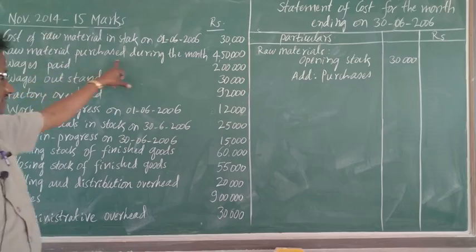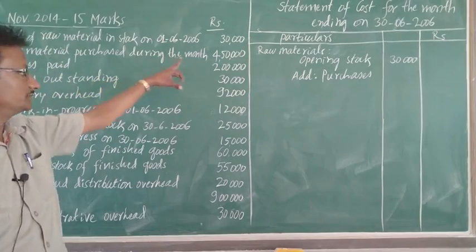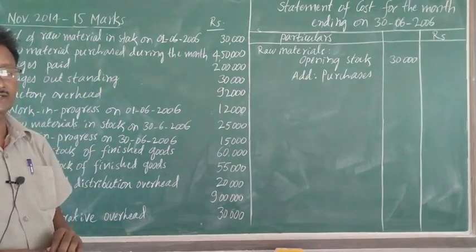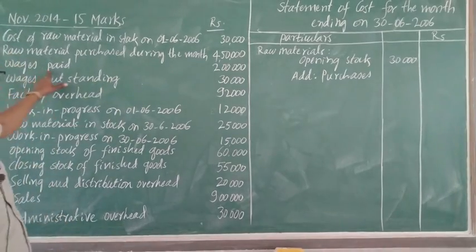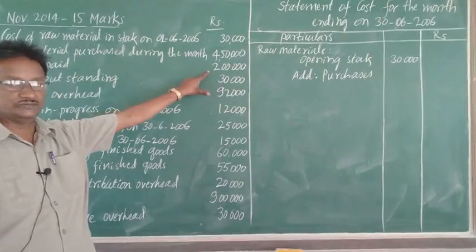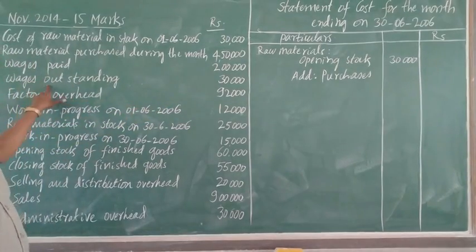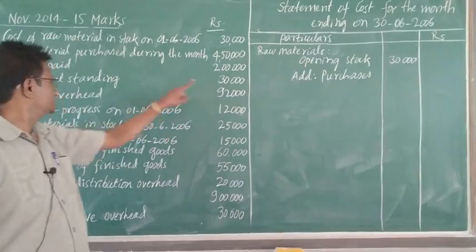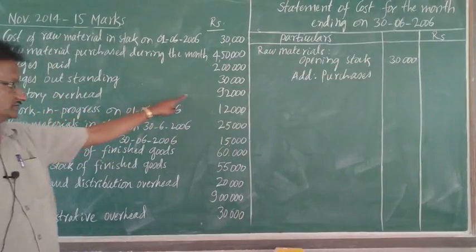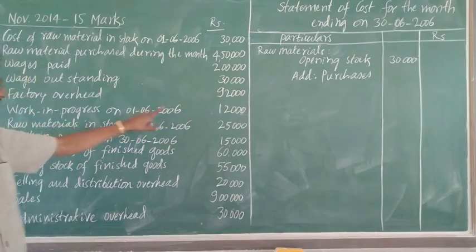Raw material purchased during the month is 4,50,000. Next, wages paid 2 lakh rupees. Wages outstanding 30,000. Factory overhead 92,000.